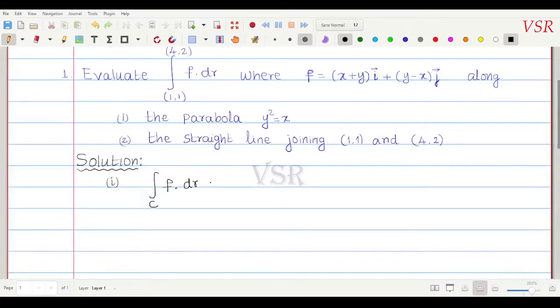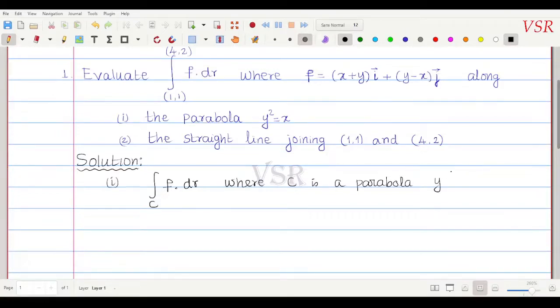This we have to calculate, where capital C is a parabola given by y square equal to x.